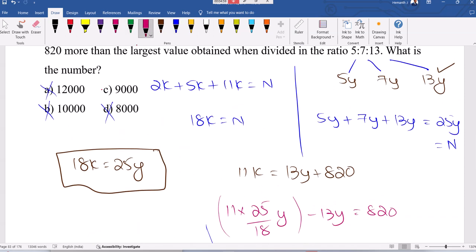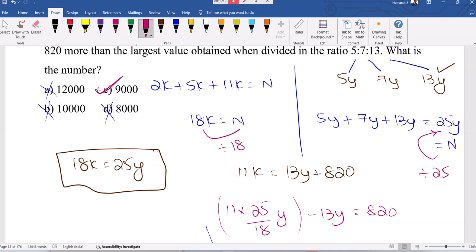Sir, how did you decide this option 9,000 beforehand? I have a thought process. My answer should be divisible by 18 and by 25, which means it should be divisible by 450. 450 two times is 900, 20 times is this.